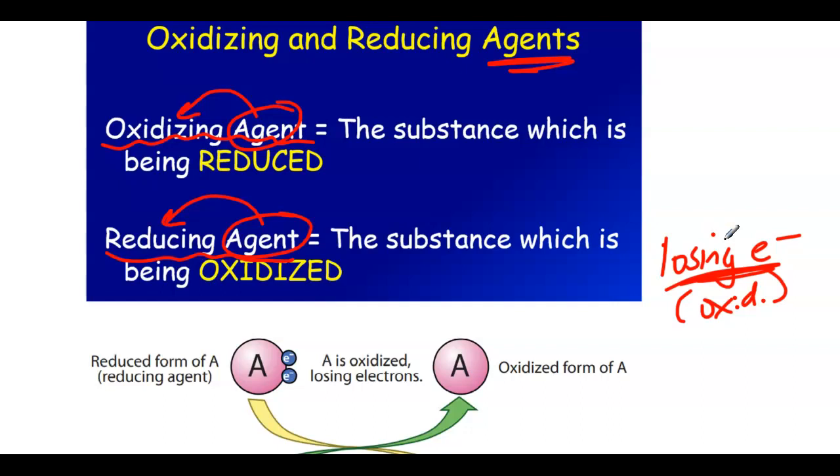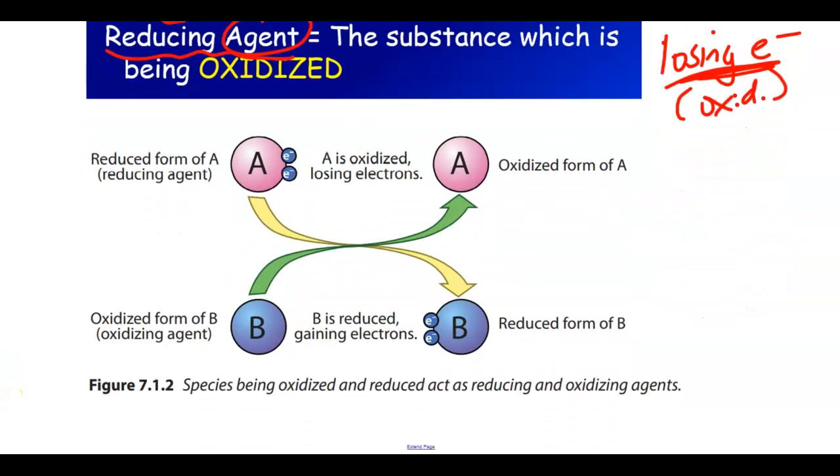They're a coupled process. Each one helps the other. For example, if I'm gaining electrons, that's going to help oxidation to happen because there's somewhere for those electrons to go. So this is a nice process.